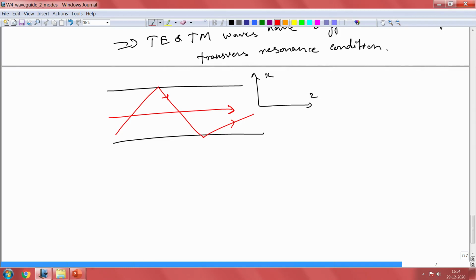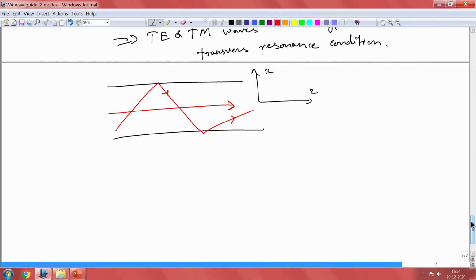So, this will have the smallest beta. So, for a larger value of m, as the m increases, the beta decreases in this case. So, beta naught will be greater than beta 1, which will be greater than beta 2, and so on.